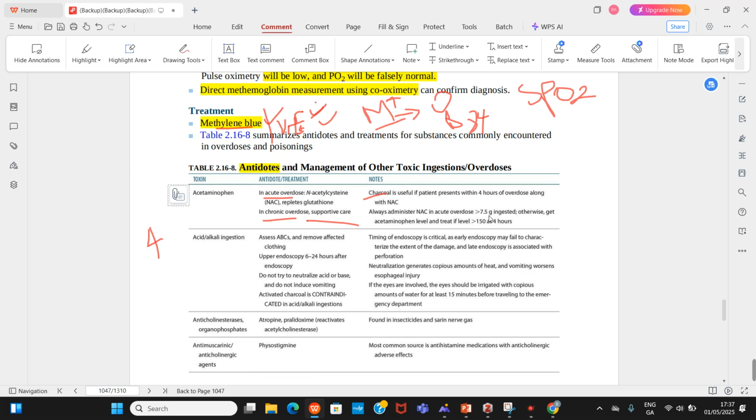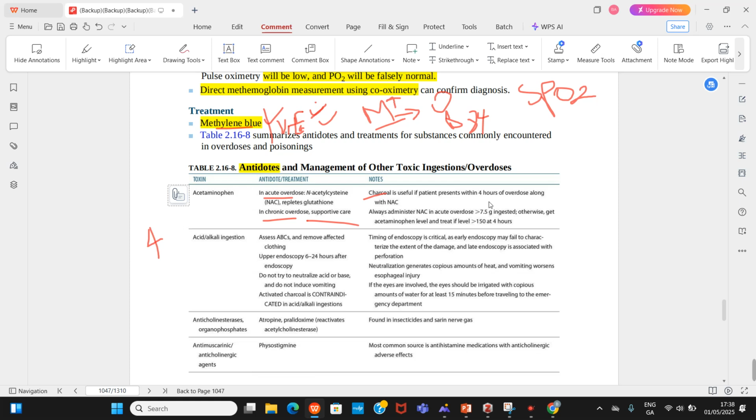So I think it should be 15 for 7.5. If somebody takes 15 tablets, that's 15 times 500, which is 7,500 milligrams, equivalent to 7.5 grams. So if somebody takes 16 tablets, you assume that is more than 7.5 grams. In that kind of situation, you don't want to start with activated charcoal. Immediately, you want to administer N-acetylcysteine.